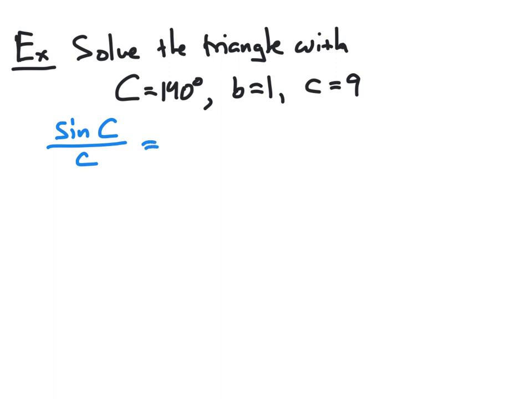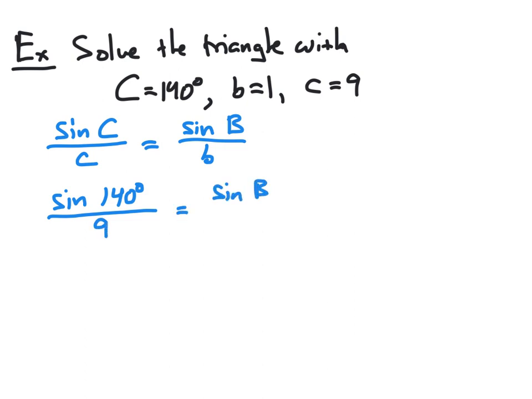We'll start by letting sine of C over C equal the sine of B over B. We'll use this particular version of the law of sines because we know information about angle C and side C and side B. We can substitute in our known values, and we get sine of 140 degrees divided by 9 equals the sine of angle B divided by 1, side length B. And therefore, the sine of B is the sine of 140 degrees, all divided by 9.